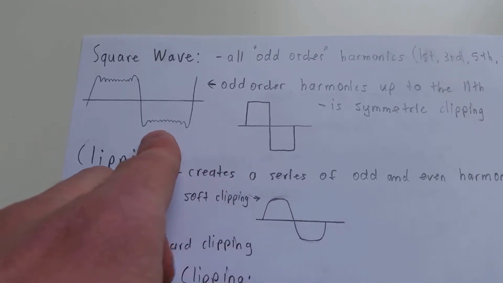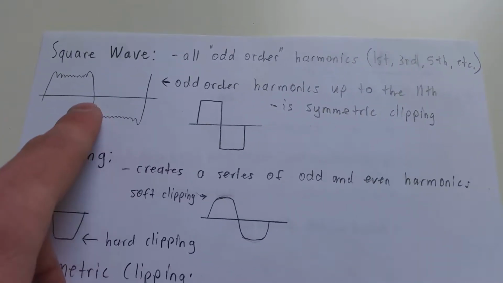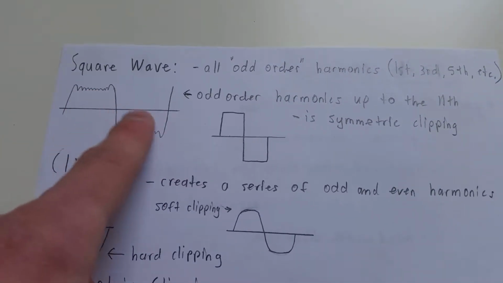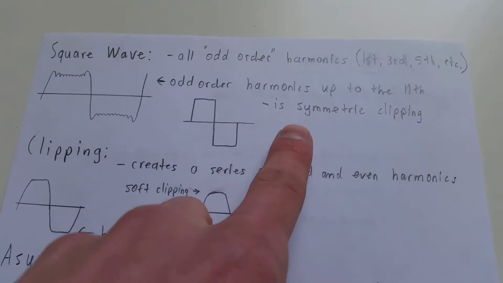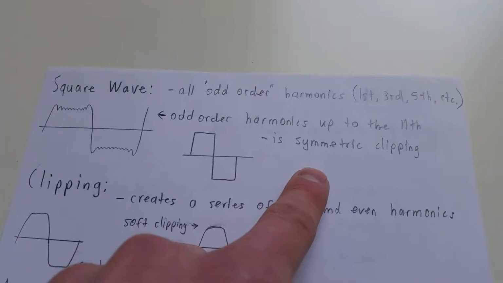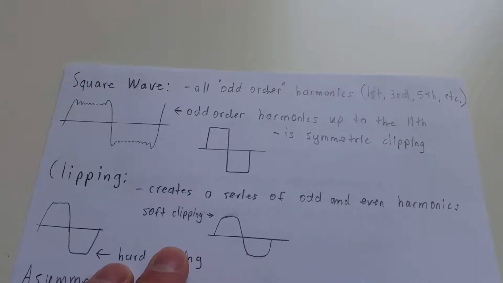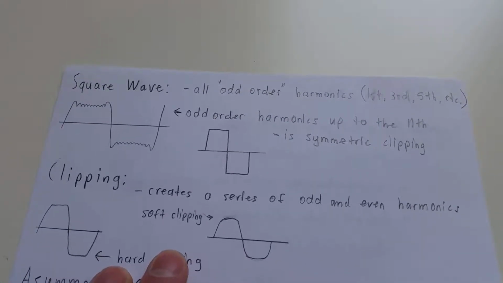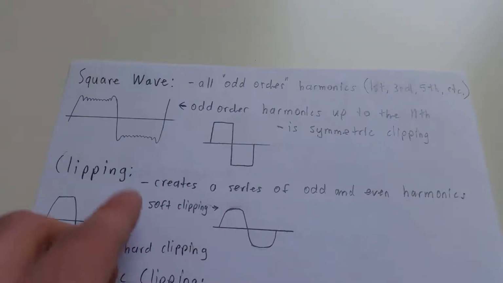But as you get with odd harmonics up to the 11th, you get an almost square wave. It looks kind of like one. But the important thing to note is that's what's called symmetric clipping. Meaning, if you were to take a sine wave and clip it symmetrically on both sides of the axis, it would look a lot like that.